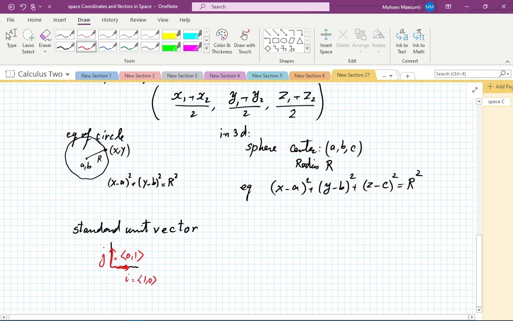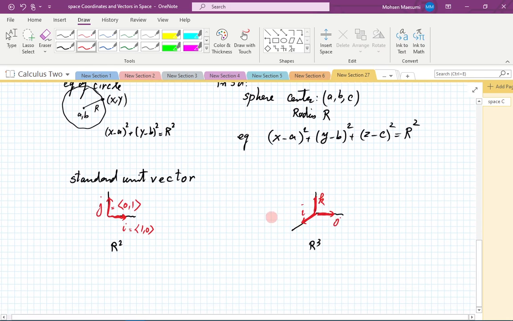It was in 2D. So that was the definition in 2D. In 3D, well, we have 3 of these, and typically they are drawn in this position, that this is your i, and this is your j, and this one is going to be your k.